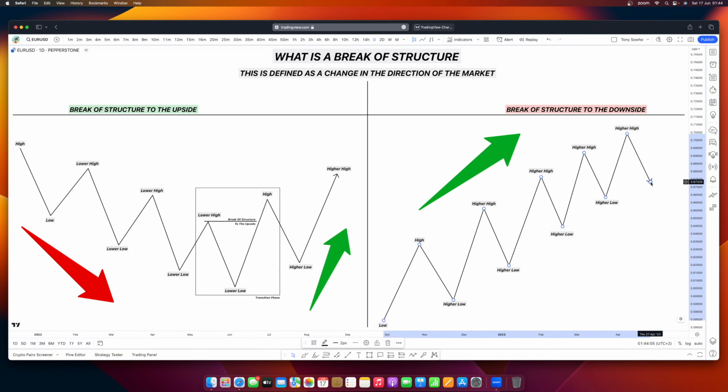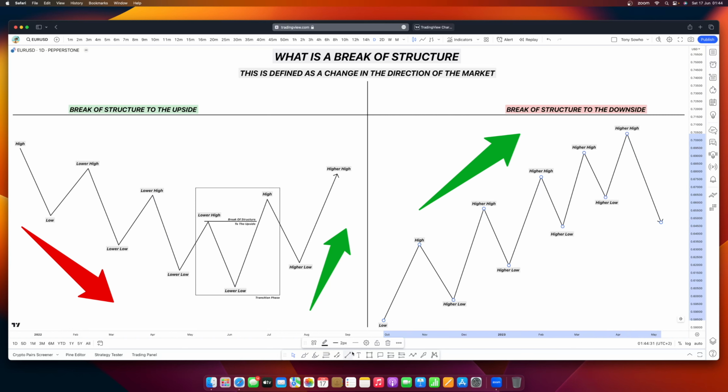But in a situation where we have something like this, you can see this is price breaking structure to the opposite direction. So what is the opposite of price going up? That is price coming all the way to the downside. So price decided to close below the higher low.